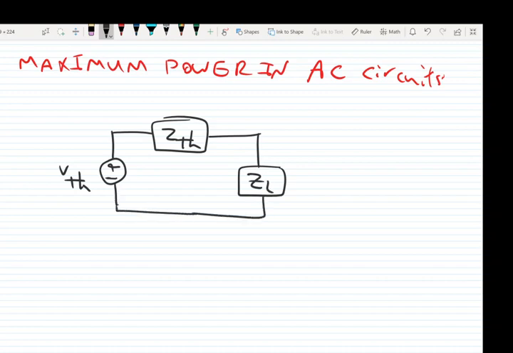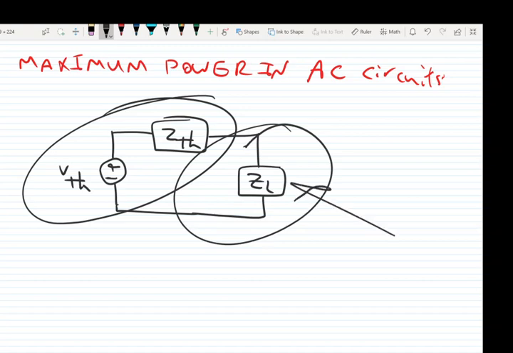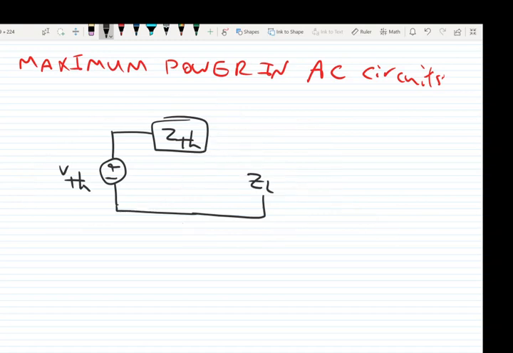By knowing the values of Z Thevenin and V Thevenin, we want to know what is the maximum power which can be delivered to ZL and what should be the value of ZL to receive the maximum power.